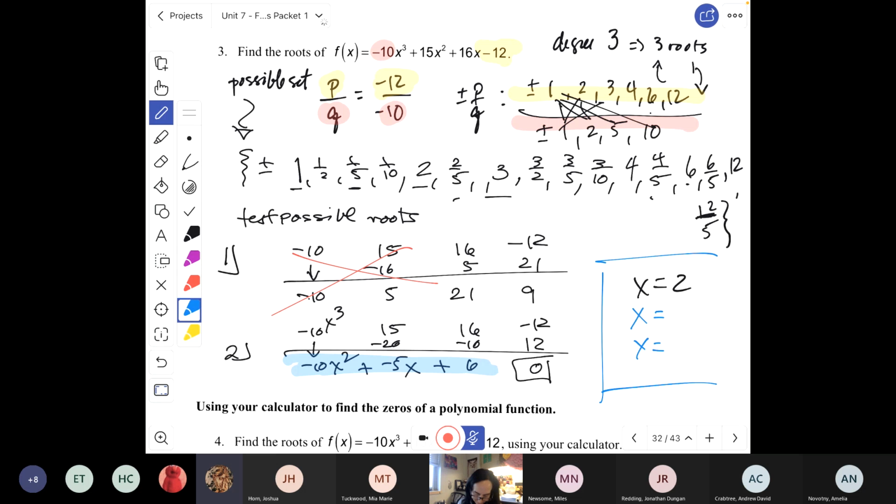Anybody? We do remember how to use the quadratic formula. We do have a test on Monday, so I hope we can do this. Did we remember?